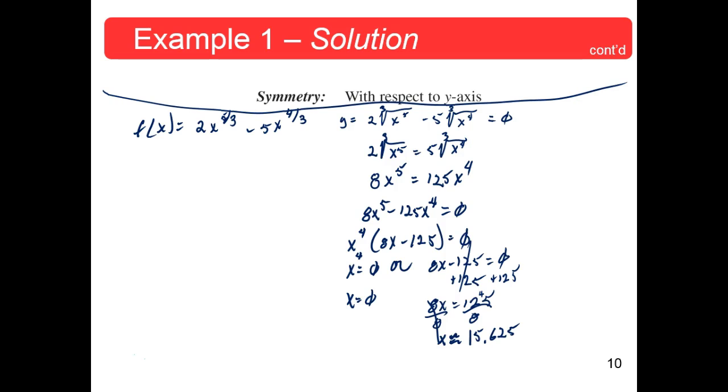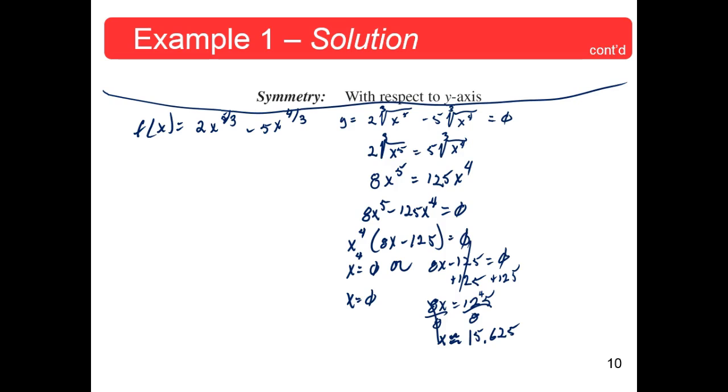Anyone want to make a guess on the y-intercept? How do you get it? You could, but the y-intercept is going to be where? If the x-intercept is where y is equal to 0, then the y-intercept is where x equals 0.